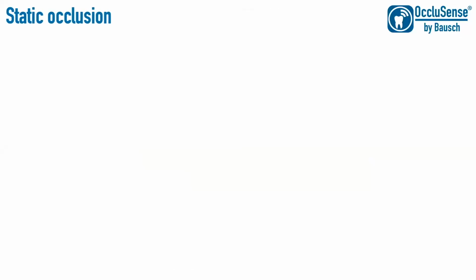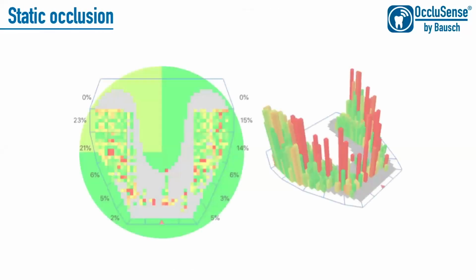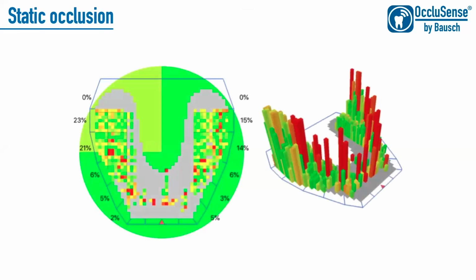Now, if you take a moment to analyze this example of an OccluSense reading for static occlusion, you can see that in the right molar region at the back, you see no red columns. This does not mean, however, that you have no high pressure here. In fact, if you look at the pressure distribution noted by the percentages around the scalings, you will see that the highest pressure within the entire dental arch, so 23 and 21%, nearly 50%, is located right here.